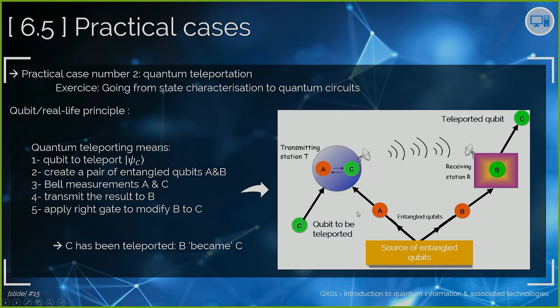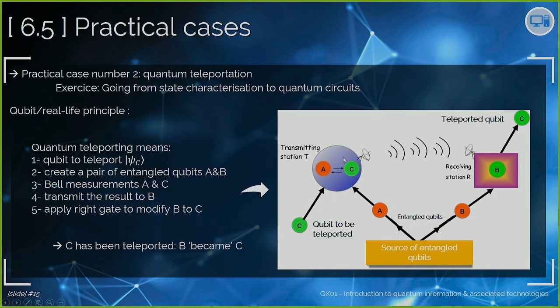What we're going to do, as I told you, is use 3 qubits altogether, because we need the original qubit to be teleported, and we need 2 entangled qubits, one that we're going to entangle with our initial state, and one that is going to be transformed into the original one, or get the teleportation effect of the first one. So we need A, B, and C. A and B in this scheme are entangled, so we need a source of entangled qubits, something that can provide this kind of Bell state.